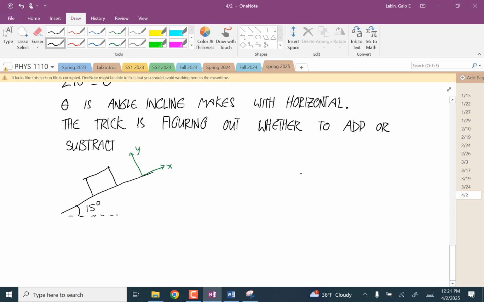So if I draw the coordinate system, and here's the weight force, the question is, is the angle from the x-axis to the weight force vector less than or more than 270 degrees? That's what we're always trying to figure out.